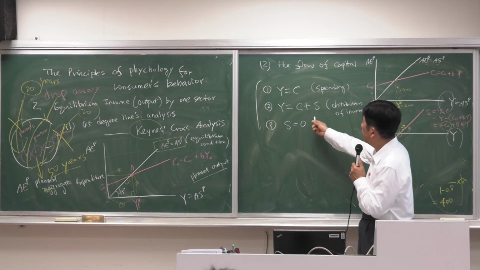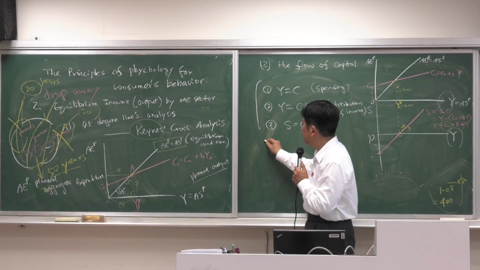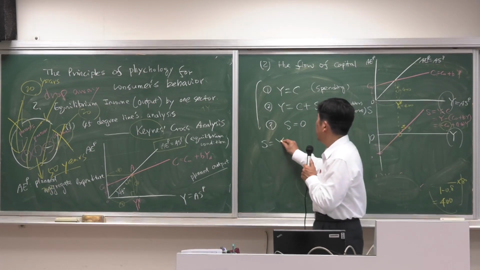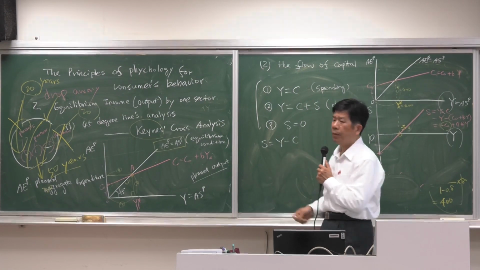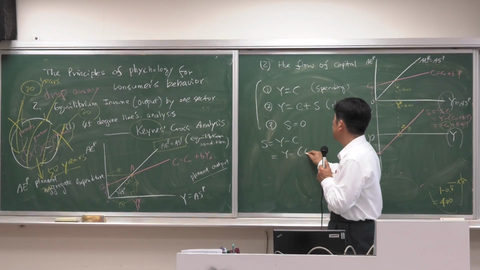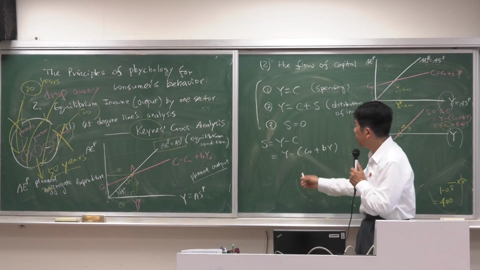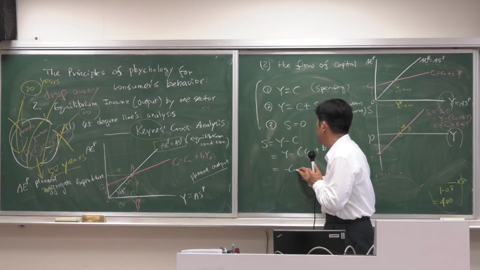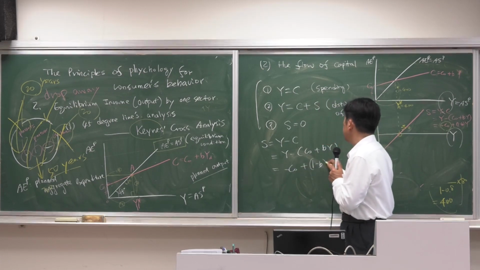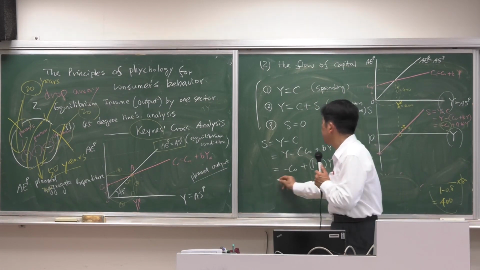And after that, you can see the savings will equal y minus c, and we can see this is y minus y, okay? And after that, this is minus c, and plus, you can manage it again. So this is y, and after that, that will equal 0.